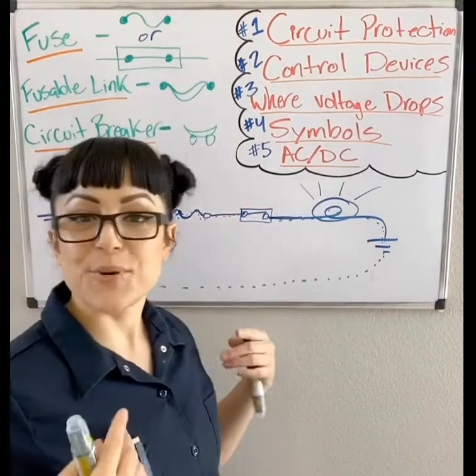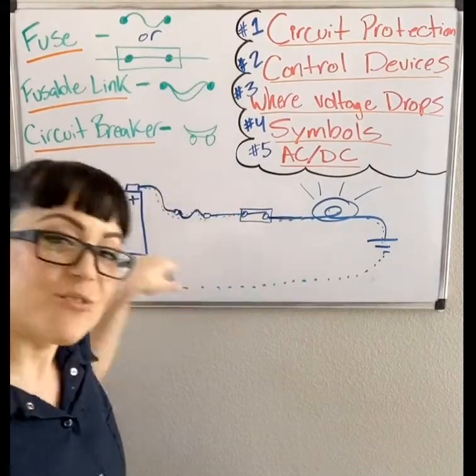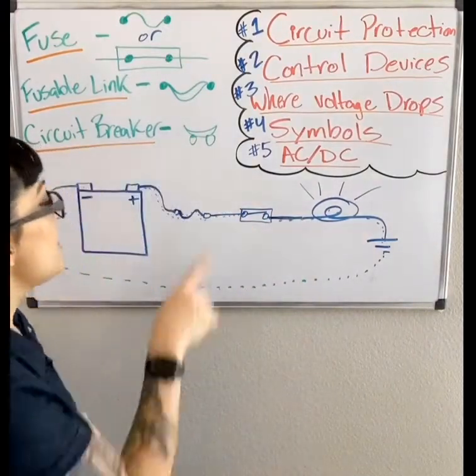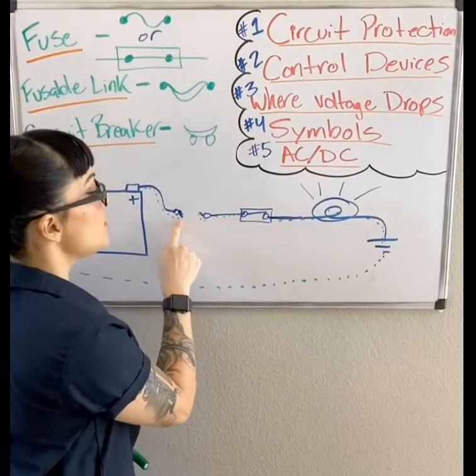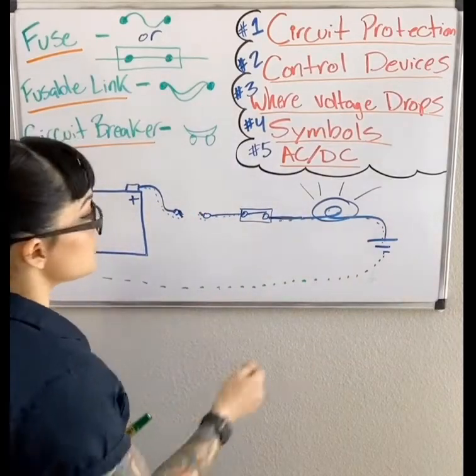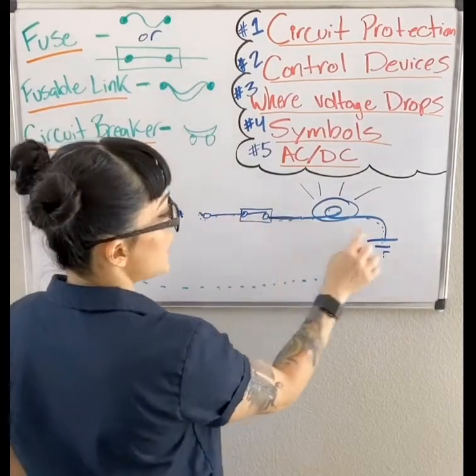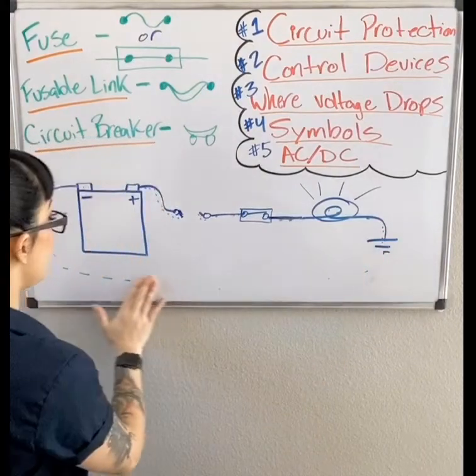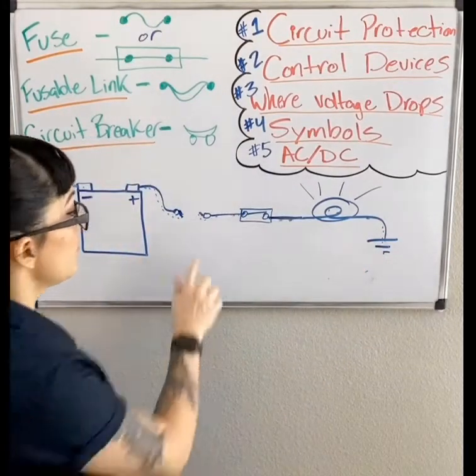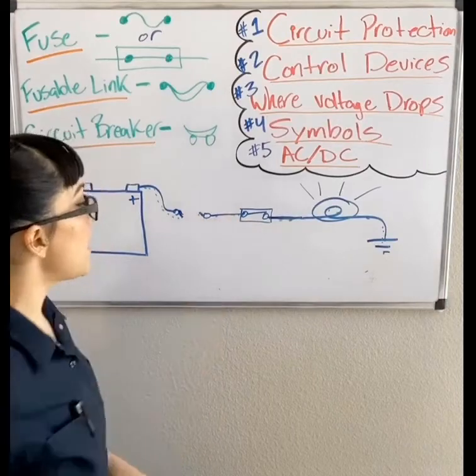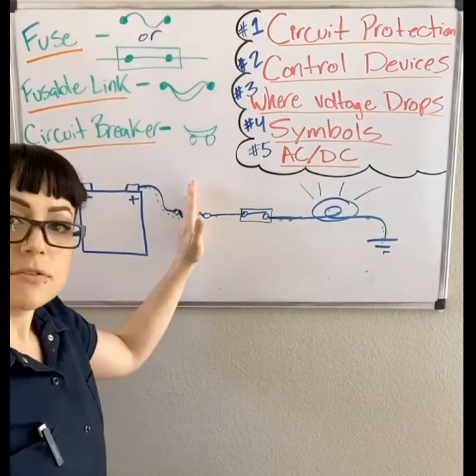That's our continuity, our continuous path for electron flow. When we lose continuity from popping the fuse, we no longer get any electron flow from the battery. So it all stops right here.